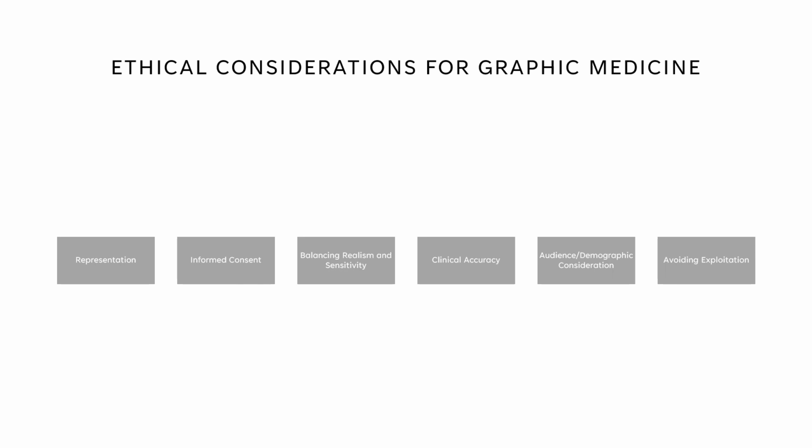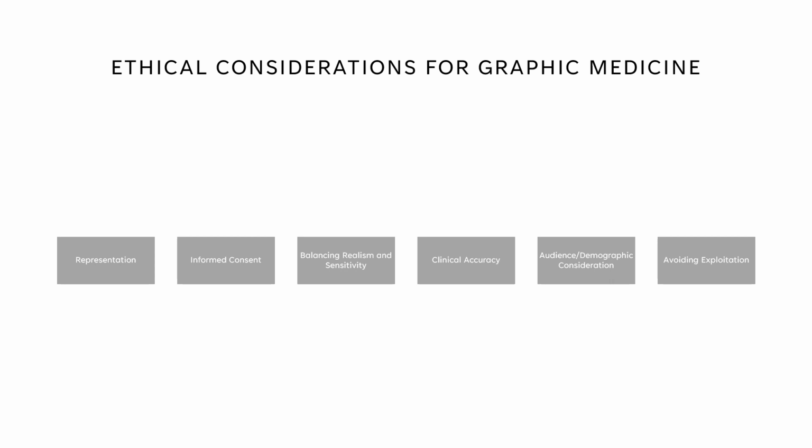As with any good practice, there are ethical considerations in graphic medicine that revolve around several key aspects. The first is representation. Ensuring an accurate and respectful representation of individuals, communities, and medical conditions is crucial in graphic medicine to avoid perpetuating stereotypes or causing harm.